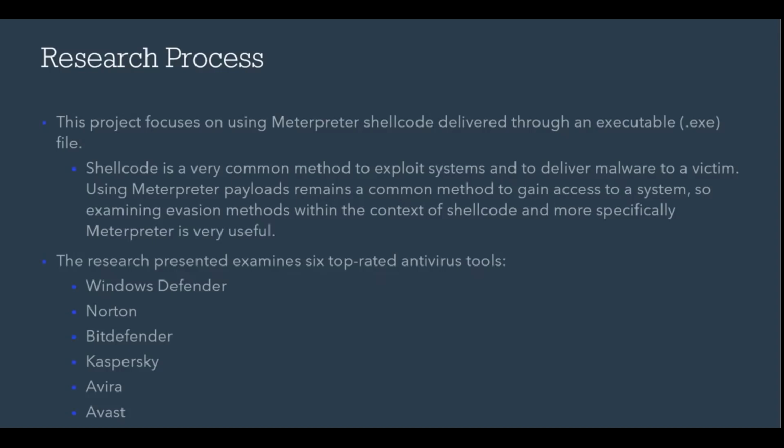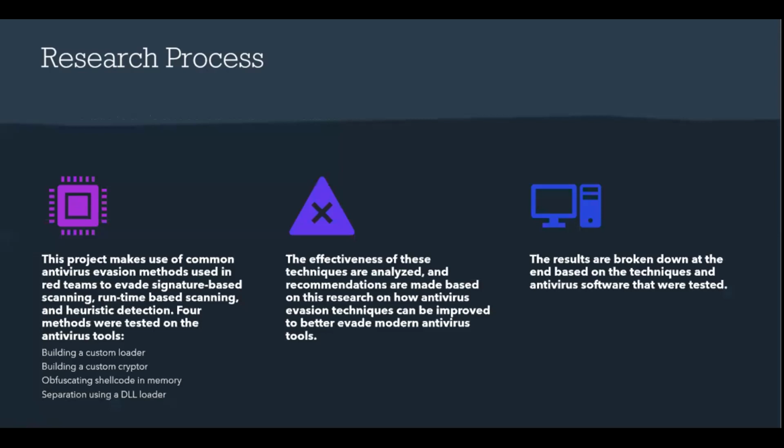The research was conducted on 6 antivirus tools: Windows Defender, Norton, Bitdefender, Kaspersky, Avira, and Avast. These were chosen because they were among the most top-rated antivirus tools and the most commonly used by consumers.